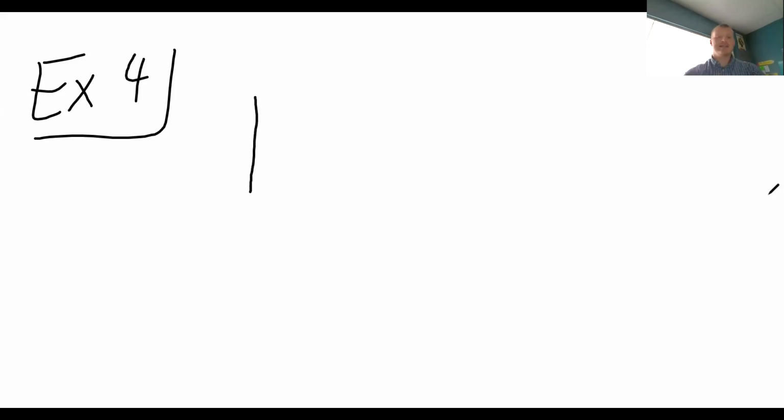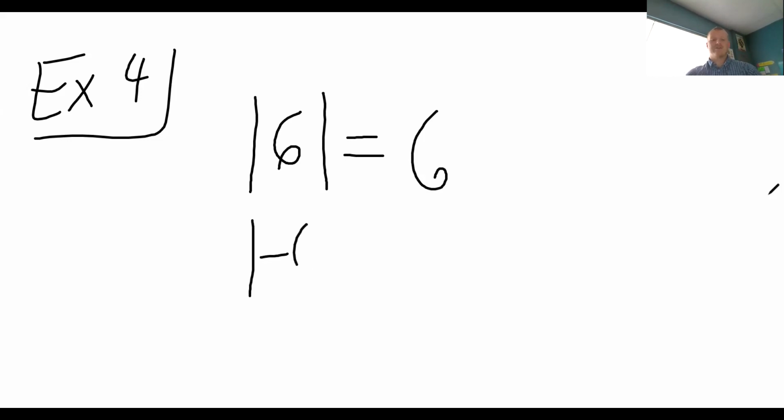When you see these signs right here and you see a number inside that sign, you're taking the absolute value of it. So the absolute value of 6 is going to be 6. What's going to be the absolute value of -6? It's also going to be 6. So you are taking numbers that have a positive value or negative value. When you take the absolute value of it, it's going to be positive every time.